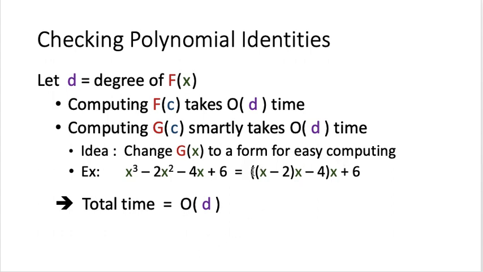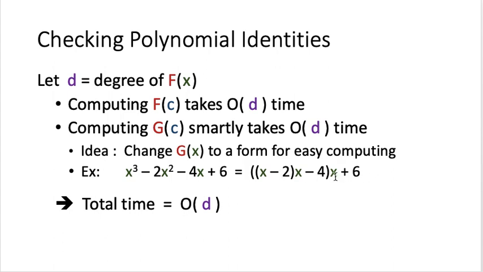But in this form, if we have the value of x known, for instance, let's say we are choosing c equals 5 to put in this formula, then I can have 5 minus 2 computed easily, right? 5 minus 2 is 3, and then 3 multiplied with 5, and then we get the result minus 4, and then we get the result multiplied by 5, we get the result plus 6.